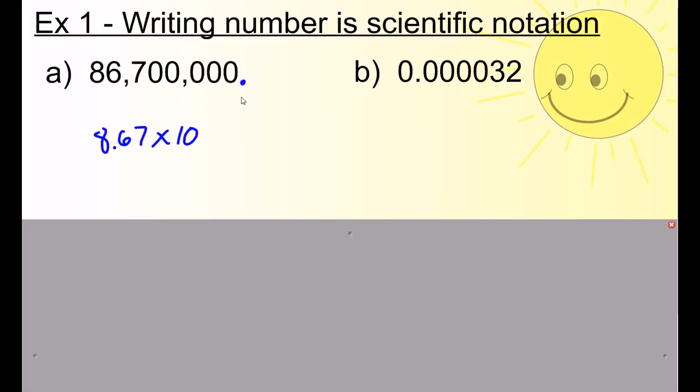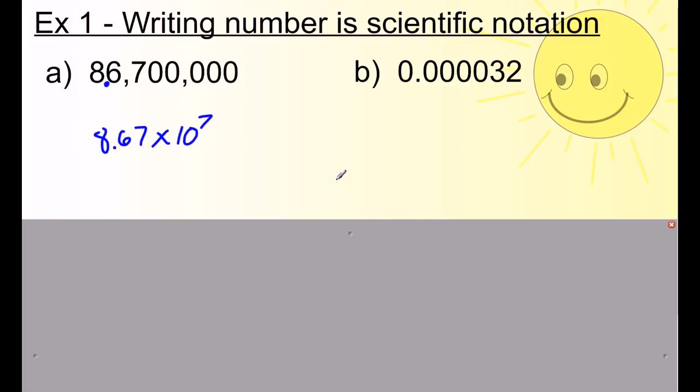So this decimal would have to move 1, 2, 3, 4, 5, 6, 7 places. So it becomes 10 to the 7th power. And that's it. That number is now in scientific notation.